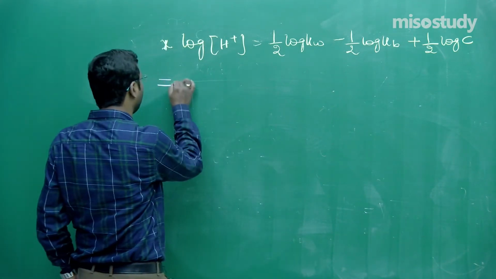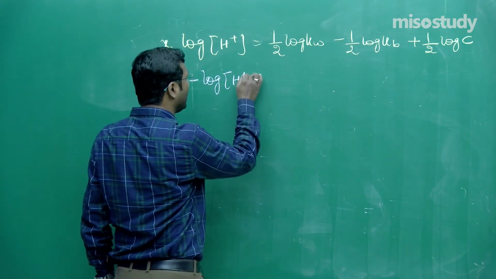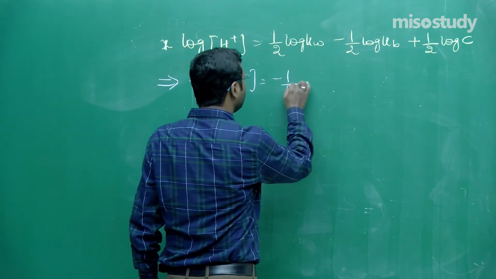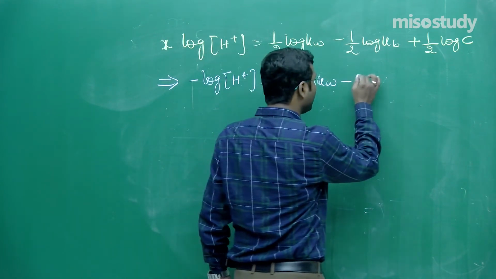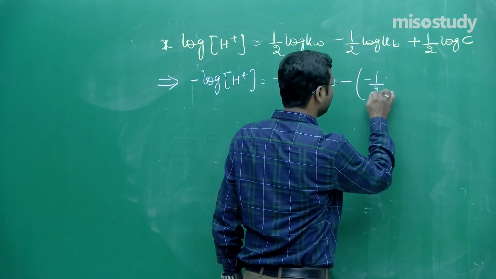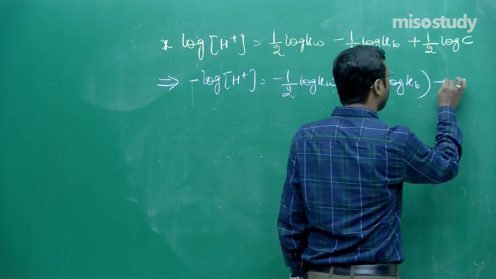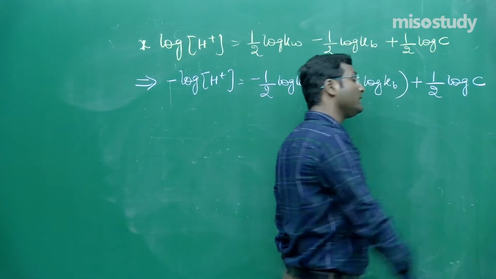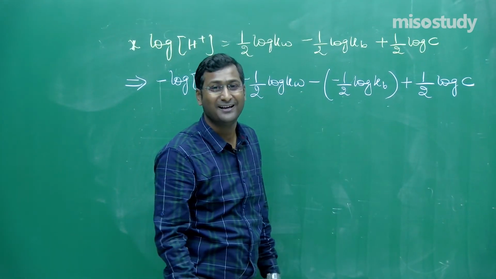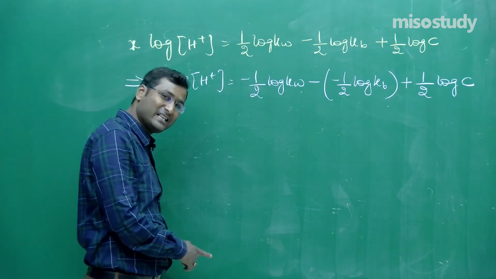Then what will happen? It is minus log H plus is equal to minus 1 by 2 log Kw, minus, plus 1 by 2 log Kb, minus 1 by 2 log C. This is a big derivation, so wait and watch. It's very simple.